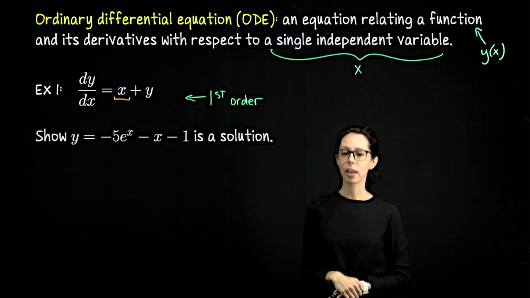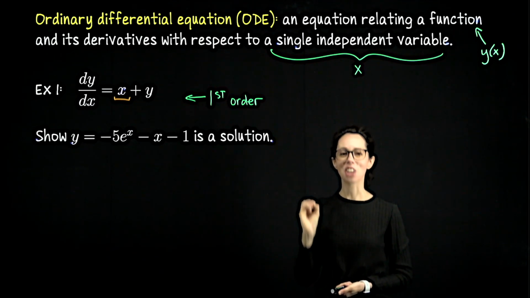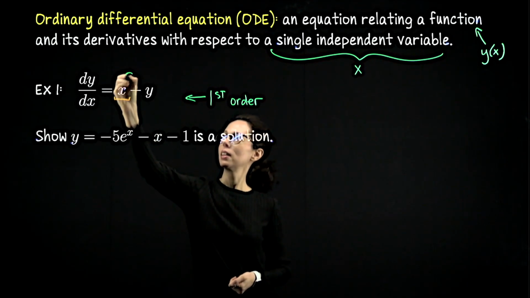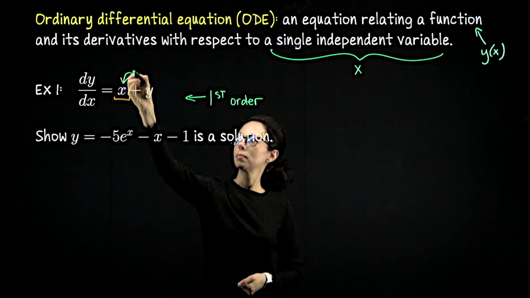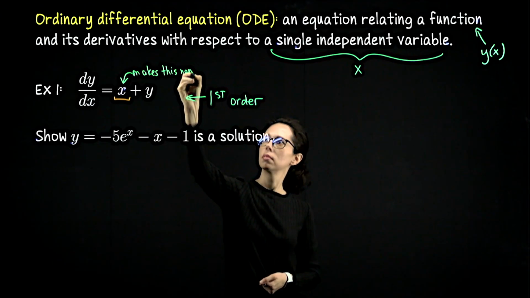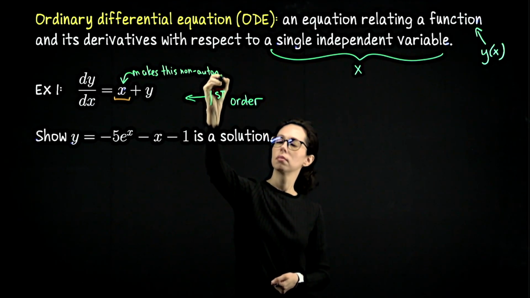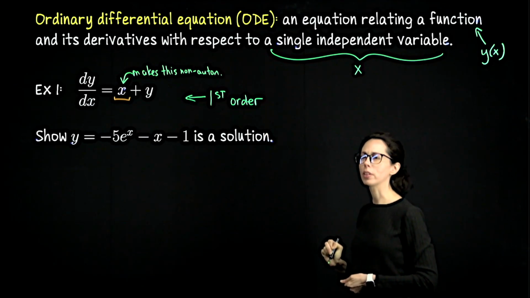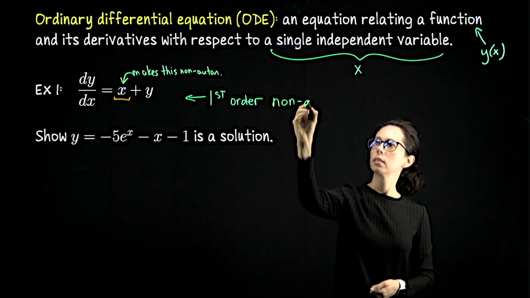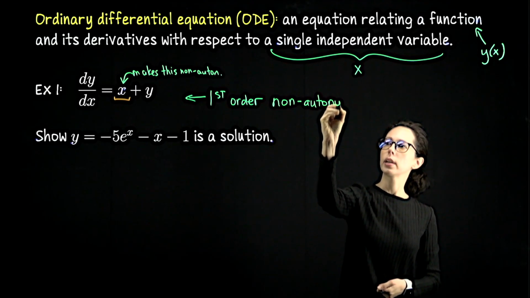That's pretty common, and those are called autonomous differential equations. Because of this x, this makes it non-autonomous. Okay, so, whoa, I wrote that really small here, but this is a first order non-autonomous ordinary differential equation.